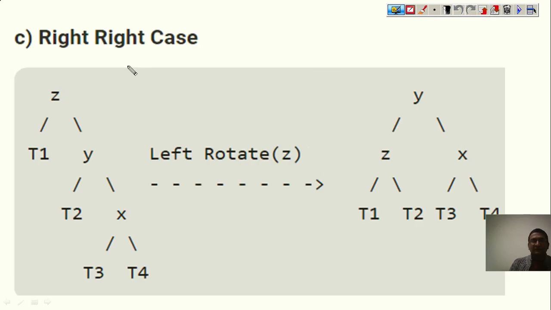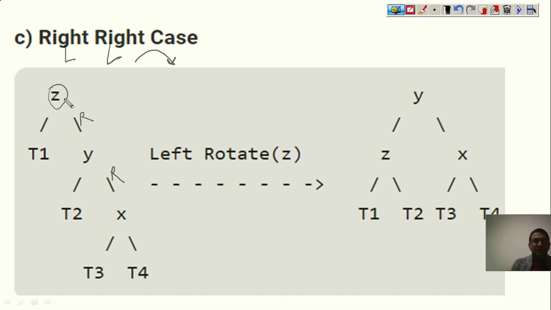Then we have the right-right case. So this is the right child of Z, and X is the right child of Y. This is just a mirror case of the left-left case. In the left-left case, we did a right rotation at Z, but here we will do the left rotation at Z. Whatever we did in the previous case, now we are doing the same thing, but in the reverse direction.